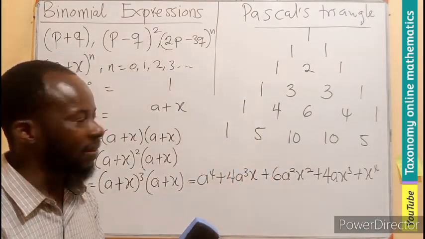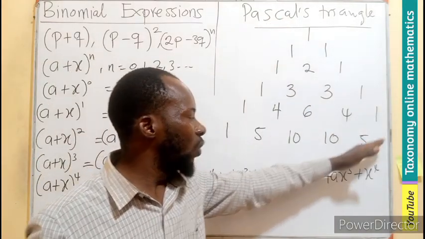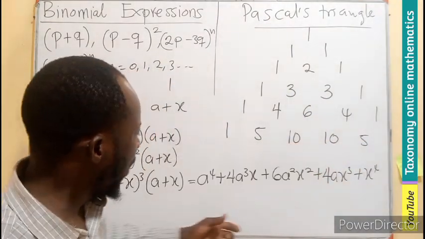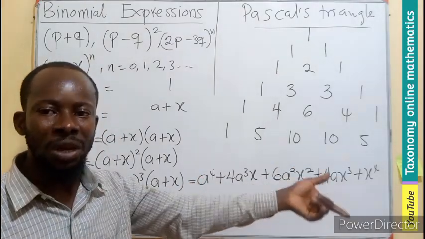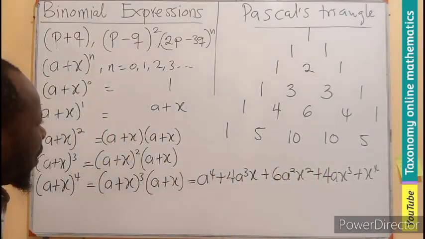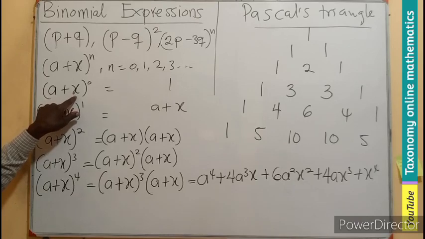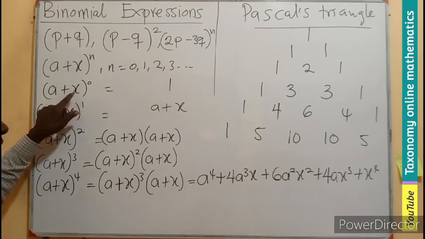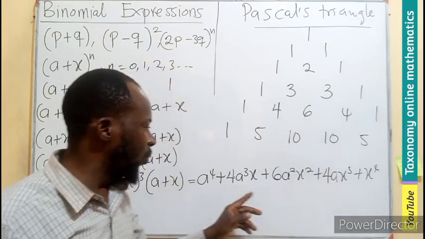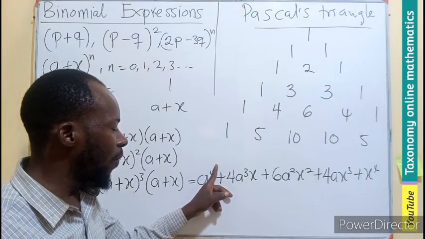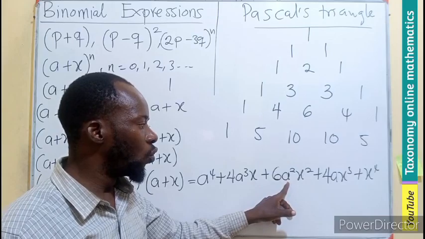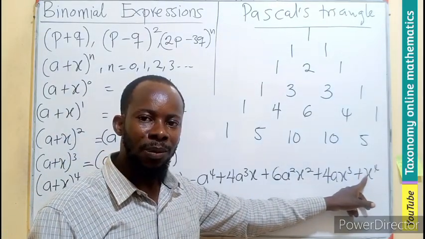Now, that's one aspect. So we use the Pascal triangle. So if I know this, I'll only have to bring in the a and x into it. How do I get the powers? We can see that the powers of a keep on decreasing, whilst the powers of x are increasing. If you check, a is 4, 3, 2, 1, 0.